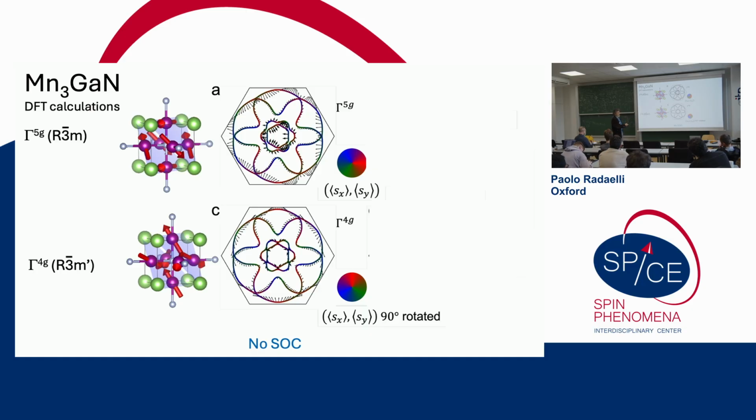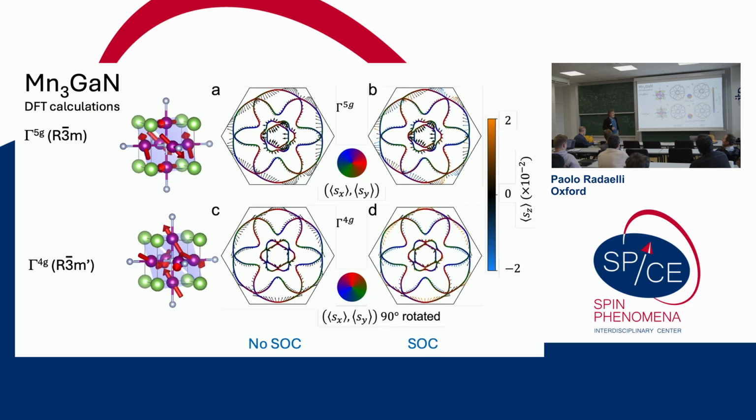Another thing you can find is that these two are indeed related by a rigid rotation of the spins in spin space, as you expect, in the absence of spin-orbit coupling. So you don't have a collinear structure, but still this rule is preserved. Also, there's no component along the 111 direction. So everything is in the plane because the spins were in the plane. And since the textures are constructed by using the Lis, and all the Lis are in the plane, the spin textures must also be in the plane.